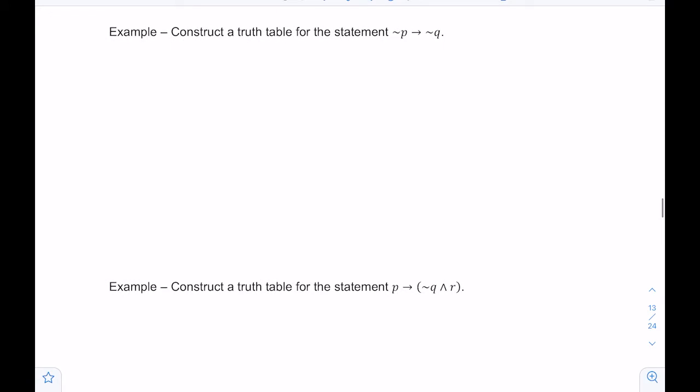Let's try to construct a truth table for the statement, if not P, then not Q. So I need a column for P and Q as usual.